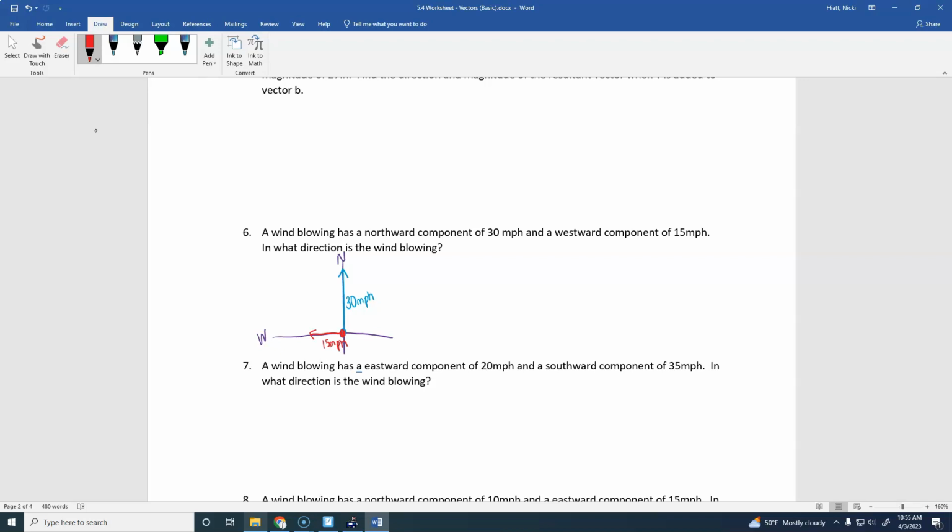And also just use some sense here. If I have a westward and a northward component, then the wind is going to be going between these somewhere, right? So whenever you draw this, you're going to do a parallelogram, which is just a rectangle for this problem. And your resultant vector is going to go from the endpoint to the opposite corner.